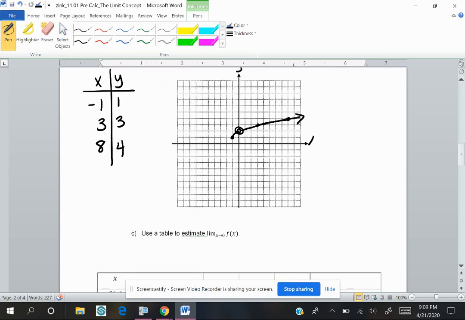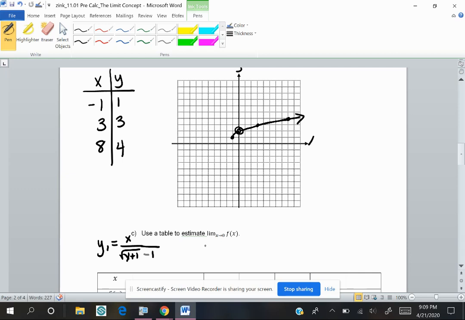Next, we're going to use our table to estimate this value, and then we'll verify it using our graph. So to do this in our calculator, you're going to type in, which we already have done now, your y sub 1 is x over the square root of x plus 1, subtract 1 from that.